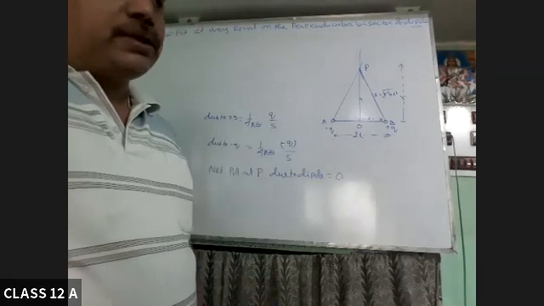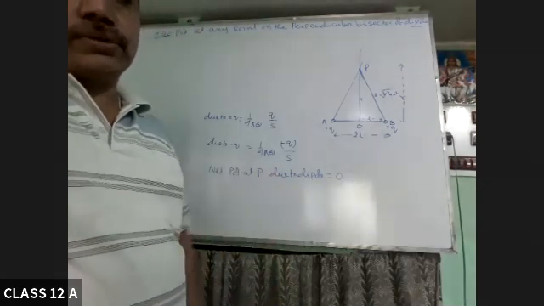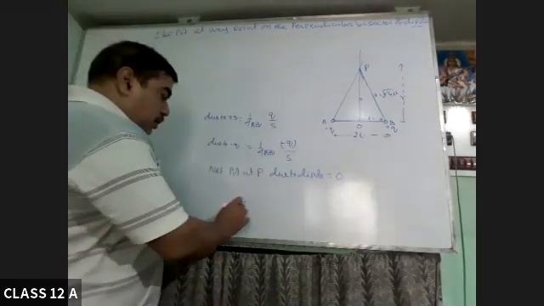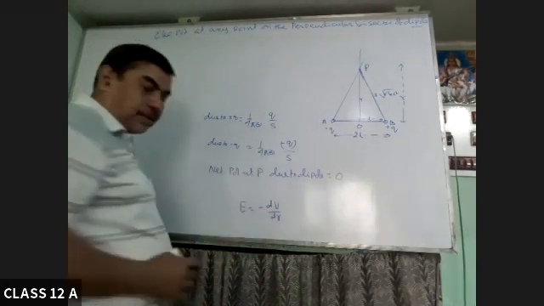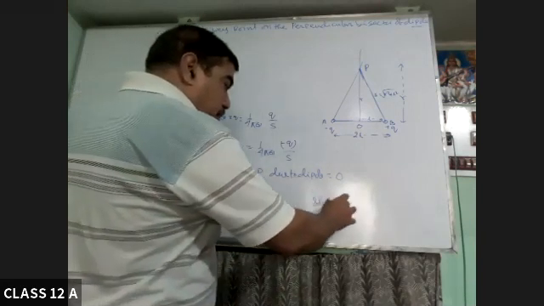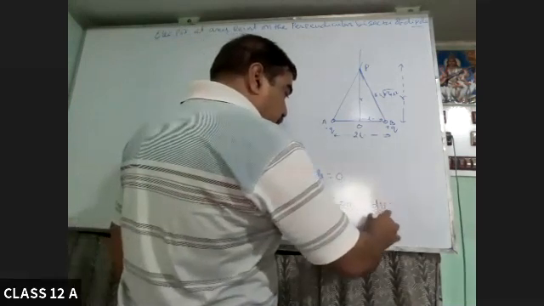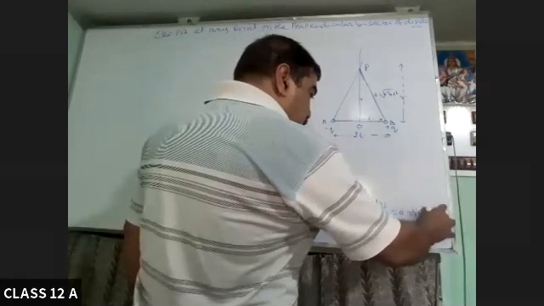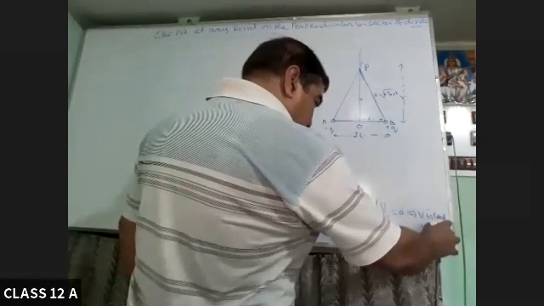If electric field is 0, that means rate of change of potential is 0, so potential is constant. We know E is minus dV by dr. So if E is 0, that means dV by dr is 0, which says V is constant, or V is 0. Both are possible.